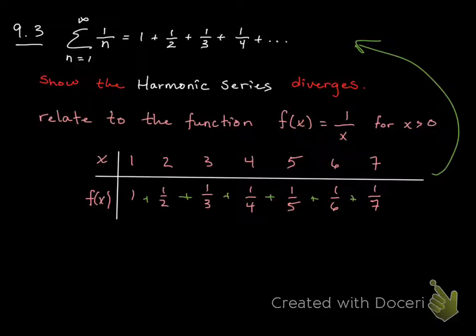Okay, so it's a small distinction from the series to the function. The series has only positive integer inputs, and the function has all real numbers as inputs. So I want to graph this function f of x, and relate that to the series, and maybe use what I know with calculus to help me determine whether this series indeed does diverge.